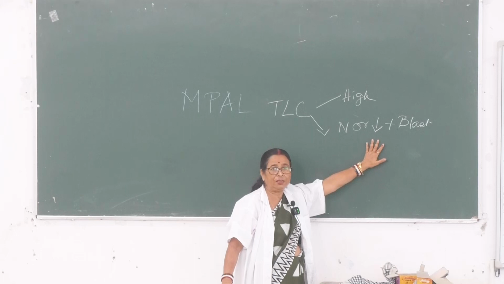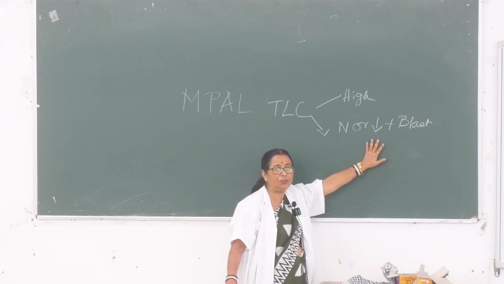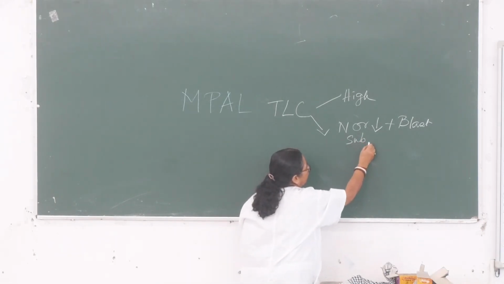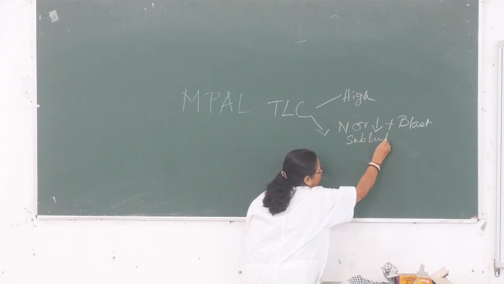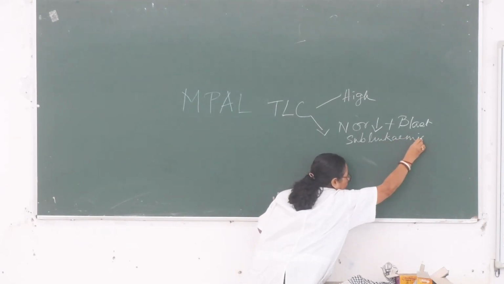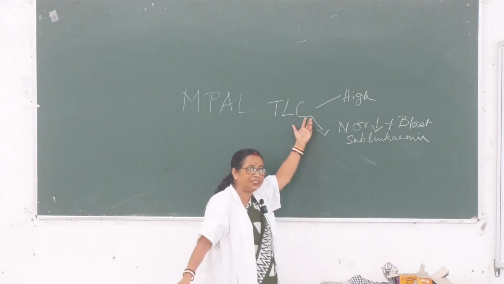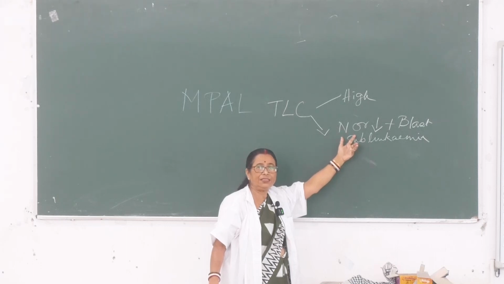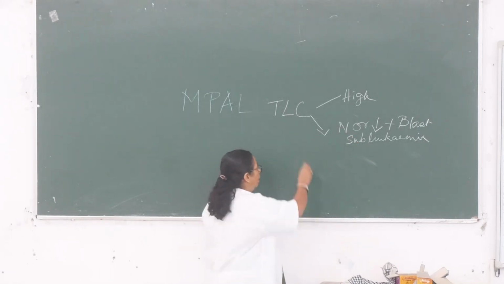Subleukemic leukemia, it is important for exam, examiner পরীক্ষায় ধরবেই ওরালে, what is subleukemic leukemia? Subleukemic leukemia, because count is not like leukemia. Patient clinical features are there and blast in peripheral blood, so it is subleukemic leukemia.